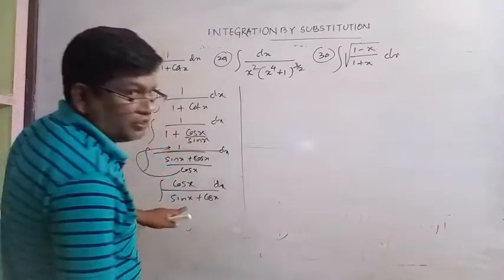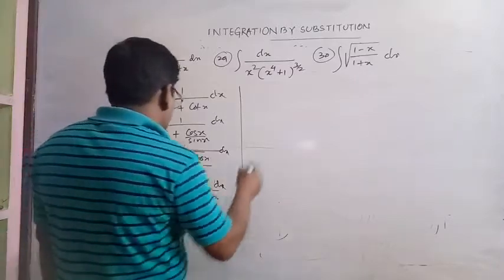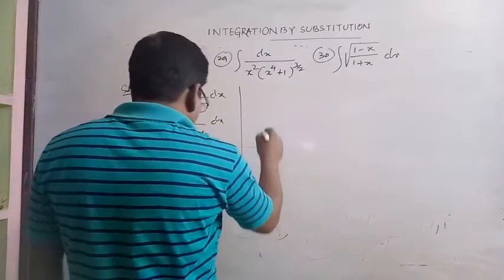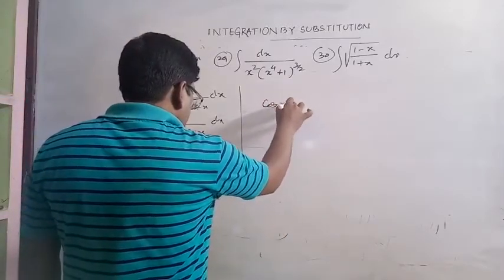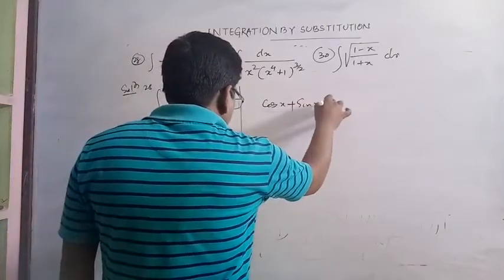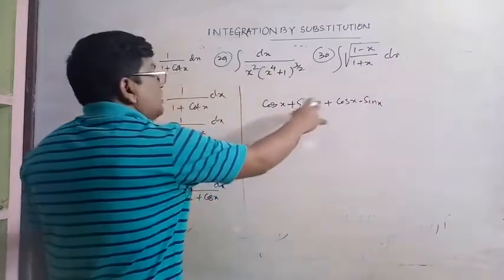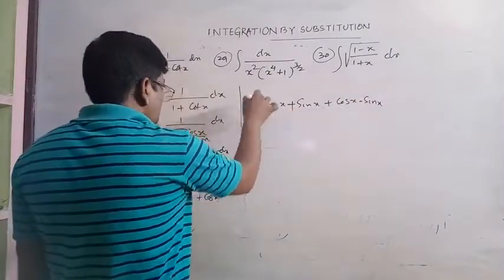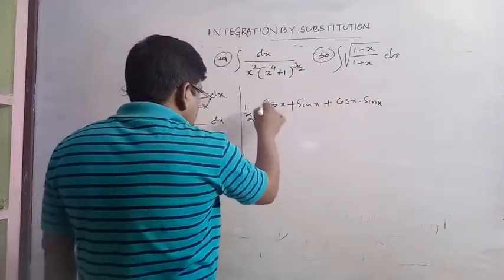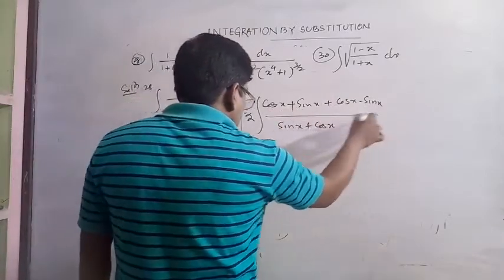Now adjust this such that one term will be cancelled and one term will be the derivative. So this is equal to: cos x is present here. So 1 by 2, (sin x plus cos x) plus (cos x minus sin x); the plus sin and minus sin cancel, leaving 2 cos x, and 2 cos x by 2 is cos x, divided by sin x plus cos x dx.